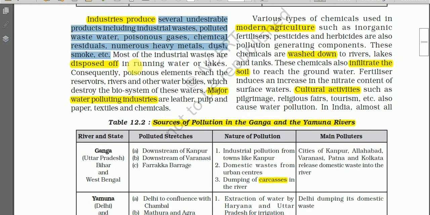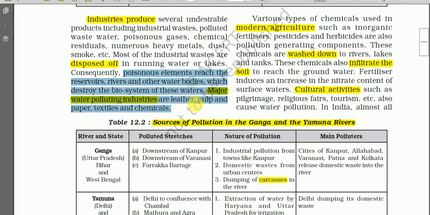Most of the industrial wastes, maybe liquid or solid, are disposed of in running water or lakes.